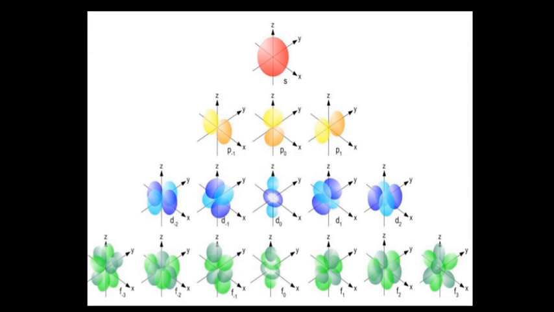Now each of these S, P, D and F have different shapes. S has a spherical shape, P has a dumbbell shape, then D has a clover leaf shape except one, which is a dumbbell with a ring in the center. Then F has a complicated structure which we are not going to state here.